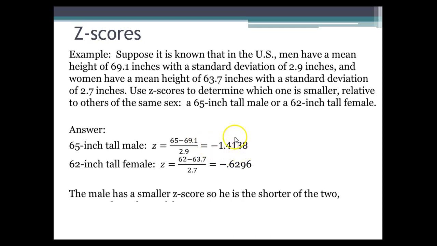You get negative 1.4138. And then if you do the same thing for females, do 62 inches, because this is the woman that you want to find the z-score of. Subtract the mean height for all women, divide by the standard deviation, you get negative 0.6296.